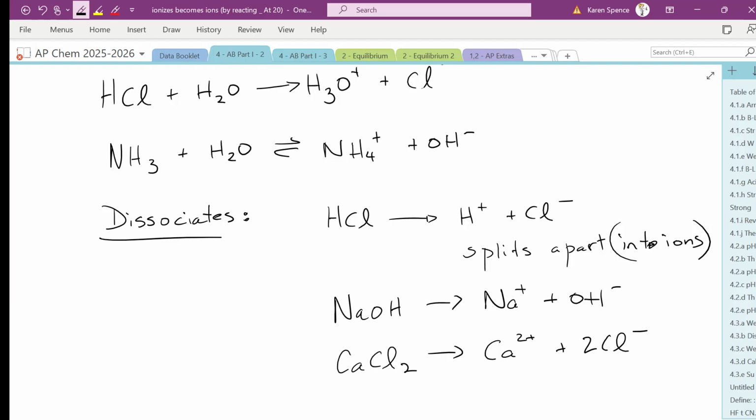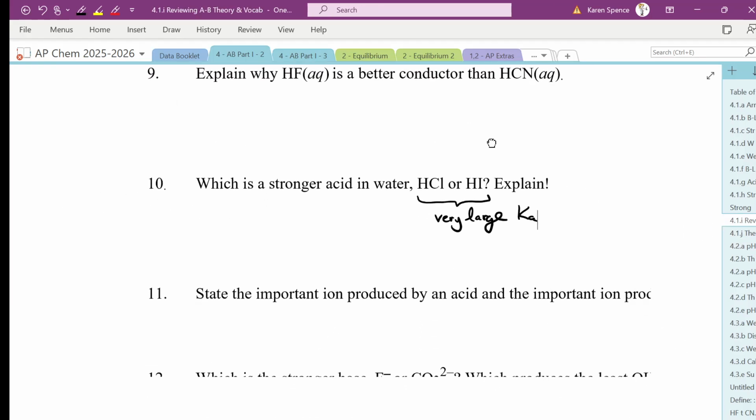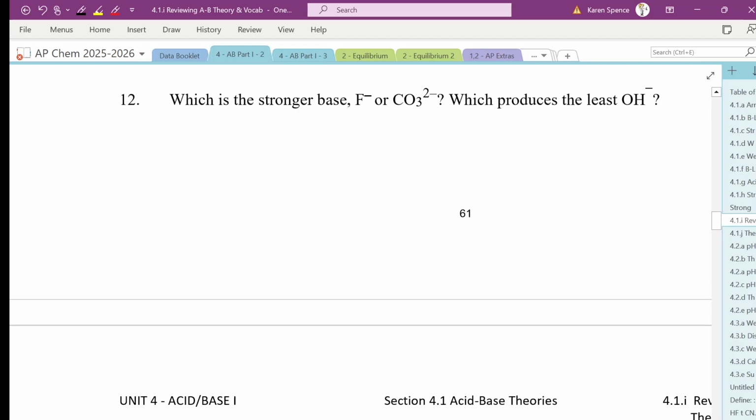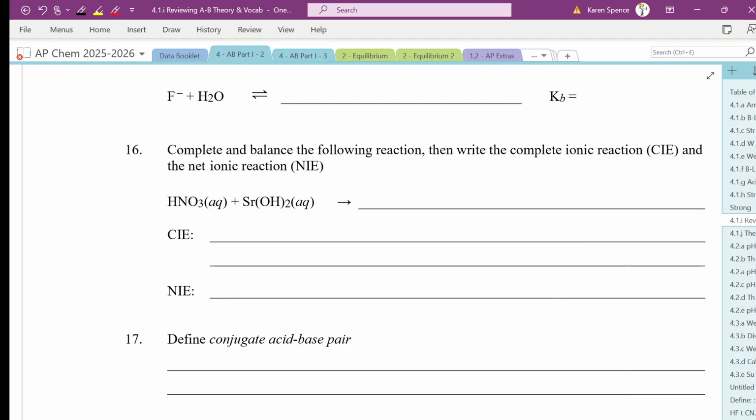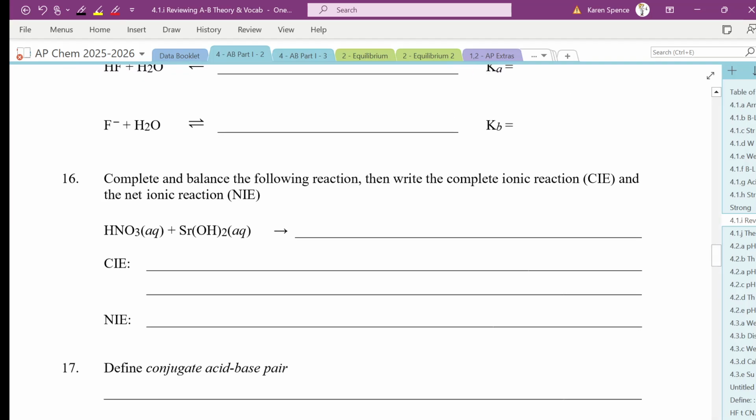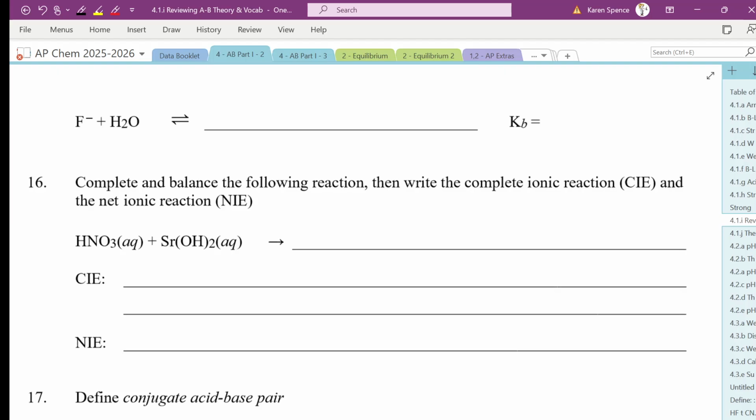Yes. Page 62, number 16. Okay, here we have, you won't actually get a question like this on your quiz, but you should be able to do it at this point because it is a skill you learned last year and reviewed at the beginning of this year.